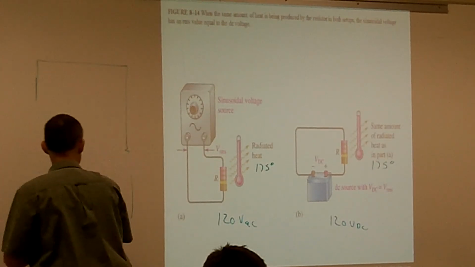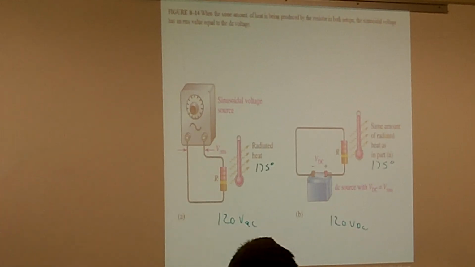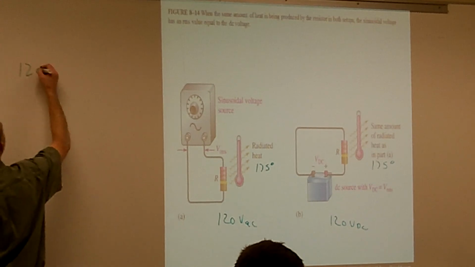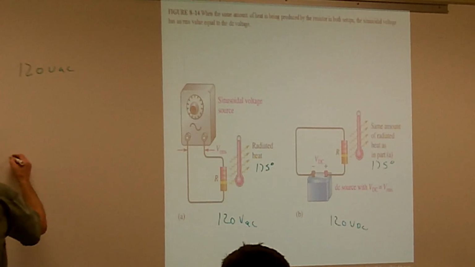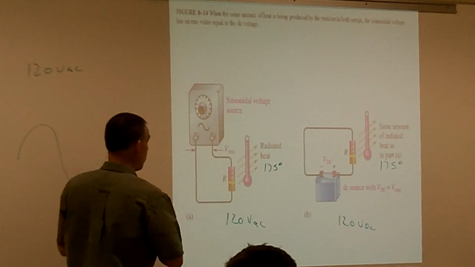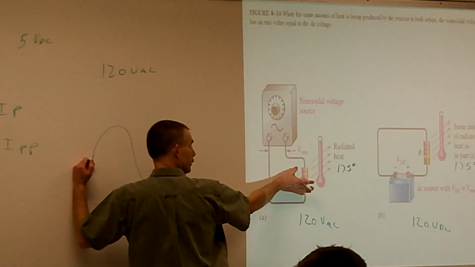But now let's take a look at what that voltage is across that AC. I've got 120 volts AC, and that means I've got an AC waveform. At 0 volts, that resistor is not heating up.